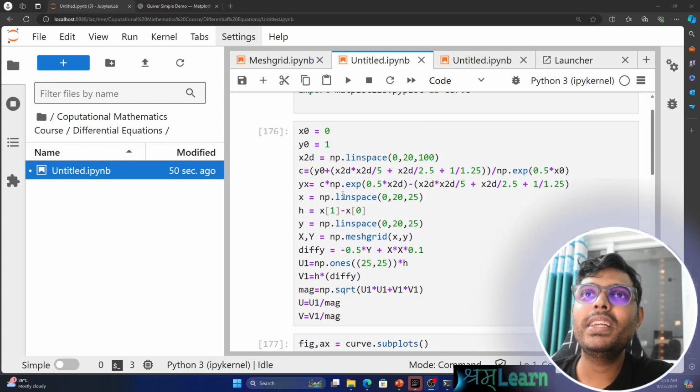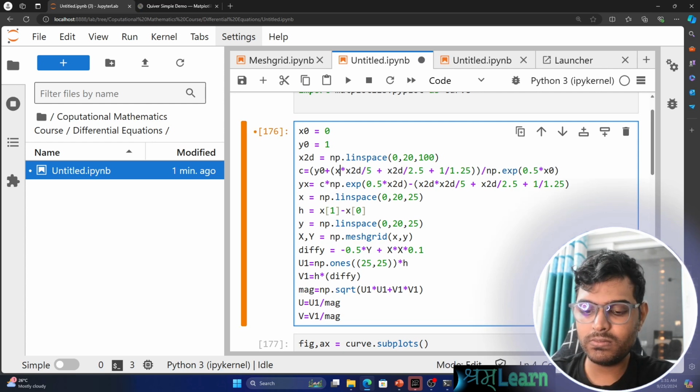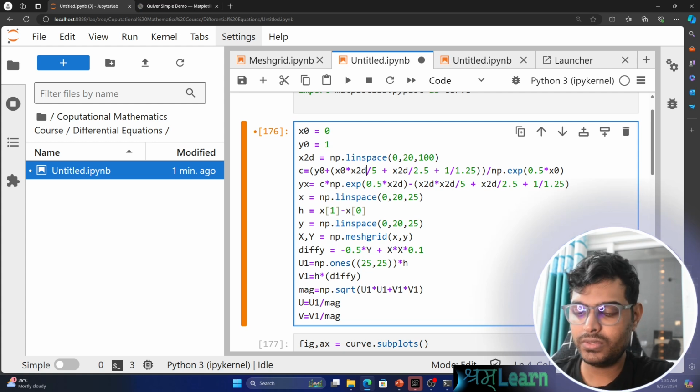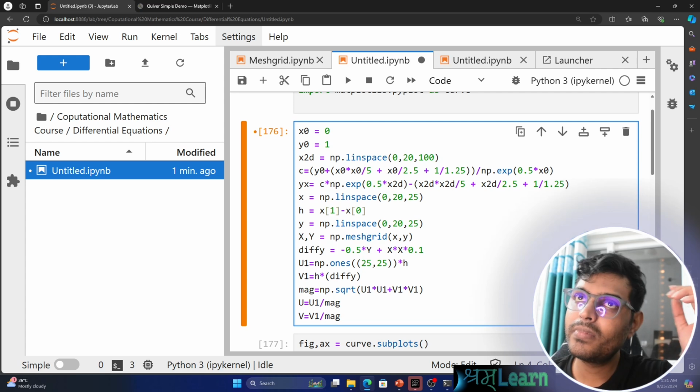We had copied from y(x) to find out the expression for c, right? So here x2d has been copied, but this is the initial value of x, so this should be x0. Okay, so let us replace it with x0. This is a part of the problem, right?